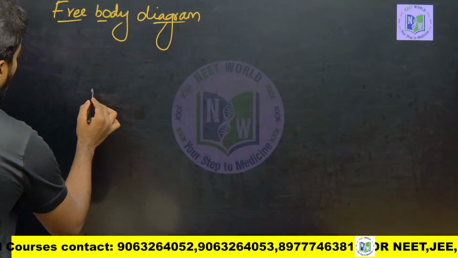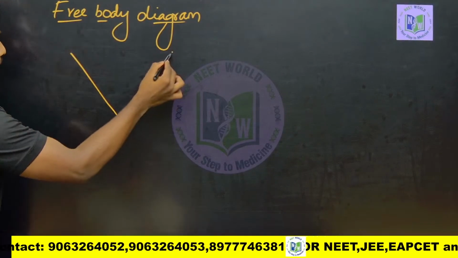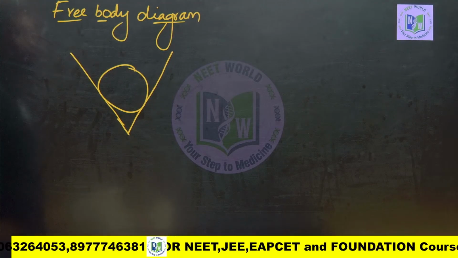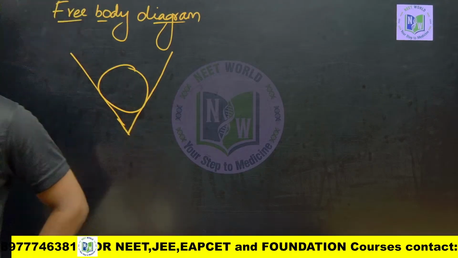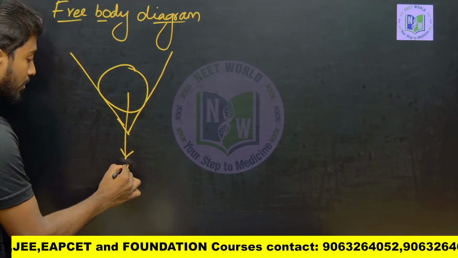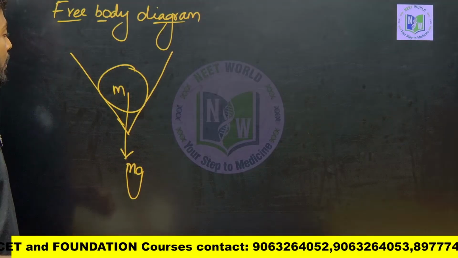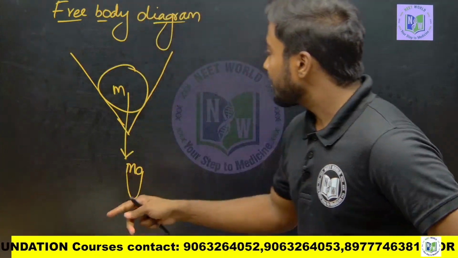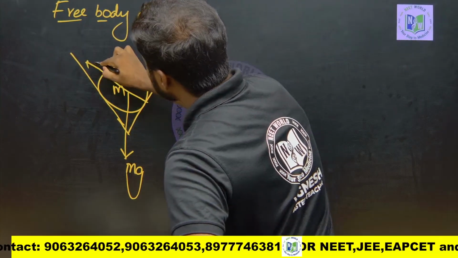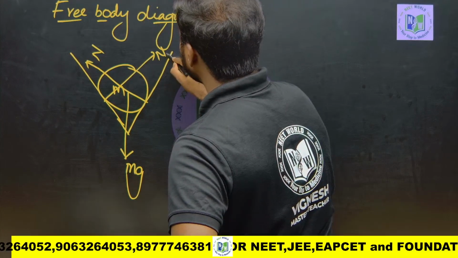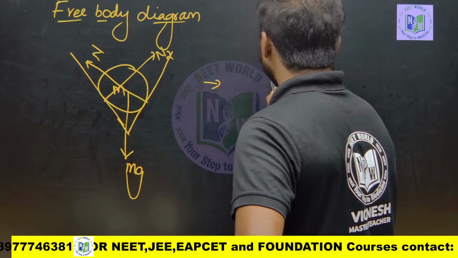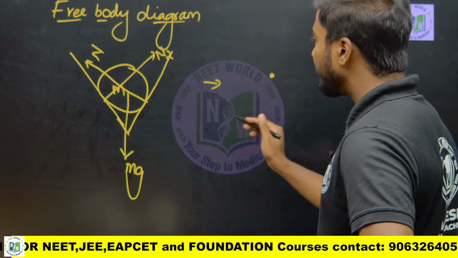For example, if I take an object like this, what forces act on it? The weight of the body first, that is mg, where I'll consider the mass as m. Then the reaction force, the normal. How many normal forces are acting? If I see there are two surfaces, then there are two normal forces, one I'll consider n1 and the other n2. When drawing the free body diagram, consider it a point mass and draw the diagram.